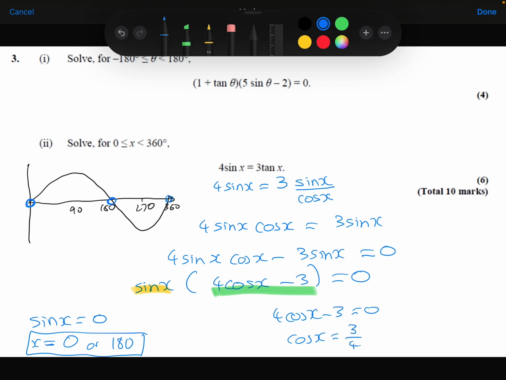Or cos x is equal to 3/4. So if I do cos inverse of 3/4, my calculator is going to give me 41.4 as my first answer. Draw a quick graph, the cos graph.